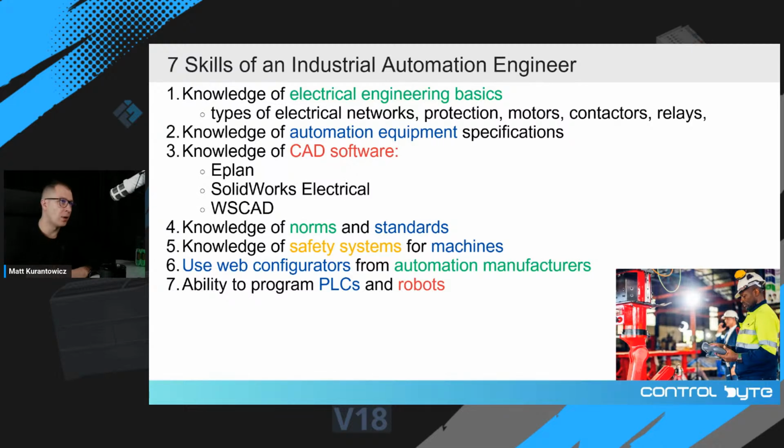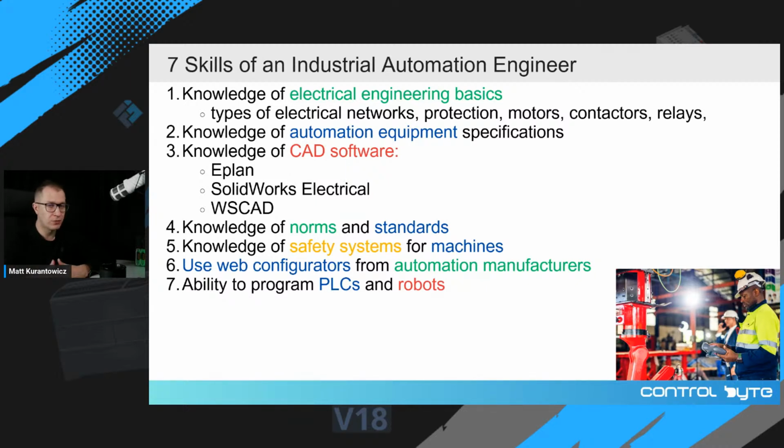You need to know how to use electrical networks, protection, motors, conductors, relays, and many more devices in your projects. What's more, you need to acquire knowledge of automation equipment specifications, and you need to choose one of CAD software. In our company, we use SolidWorks Electrical.